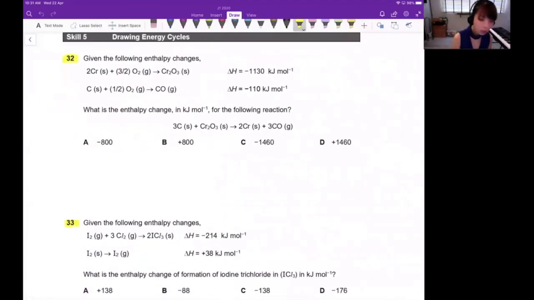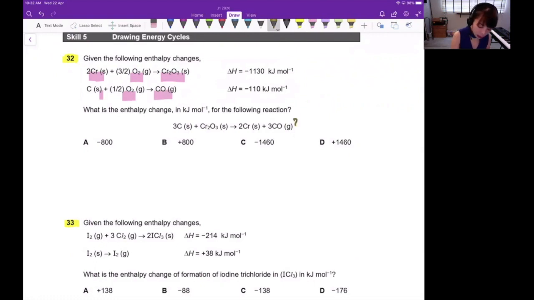For example, if we look at skill 5, question number 32, we will start with the longest equation. For these two processes, you can see that this is chromium and oxygen to chromium oxide, which is like a combustion. And then carbon with oxygen to give you carbon monoxide. This is not combustion, this is formation of carbon monoxide.